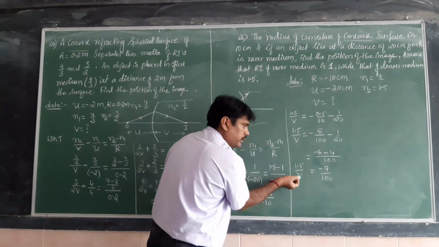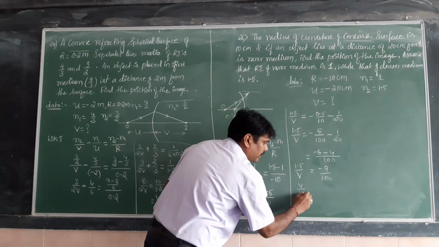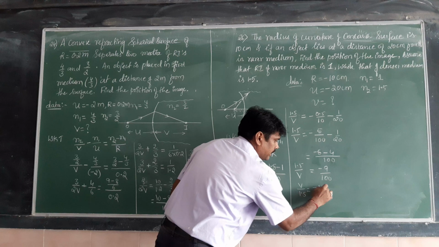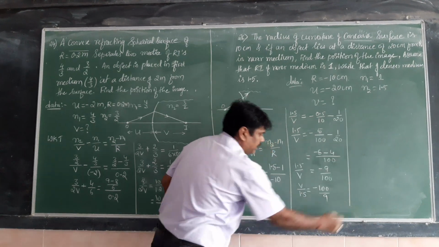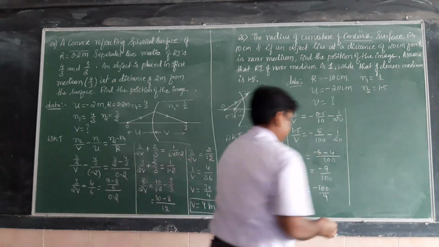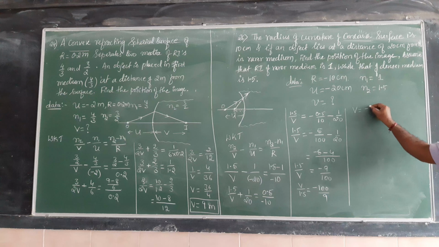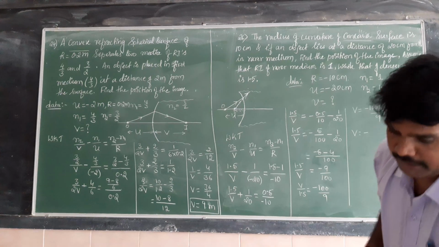In the next step, take the reciprocal: v divided by 1.5 is equal to minus 100 divided by 9. Transfer 1.5 to the right hand side: v is equal to minus 100 into 1.5 divided by 9. So v is equal to minus... I will use the calculator to simplify that one.